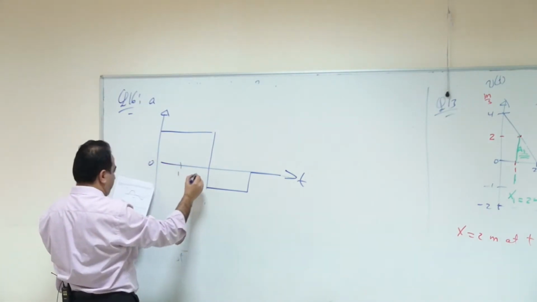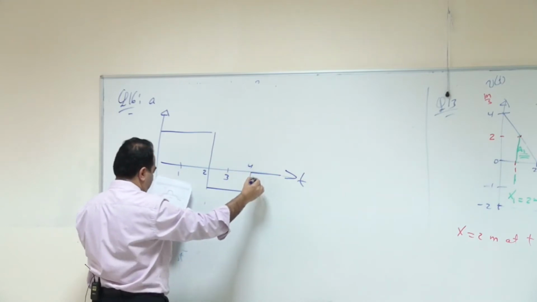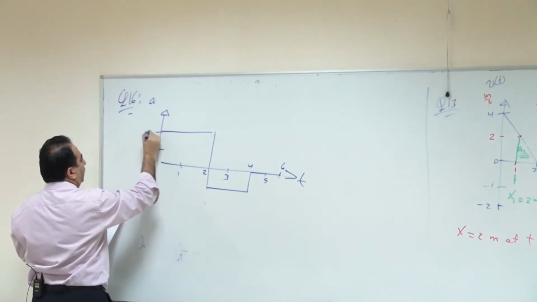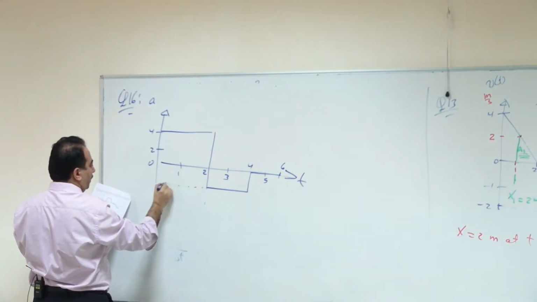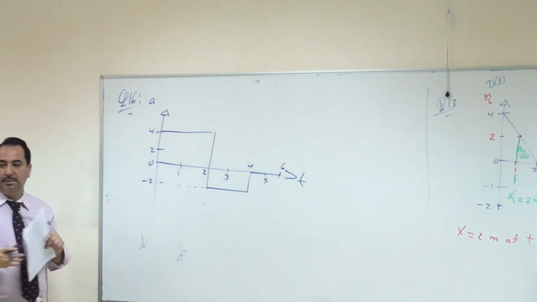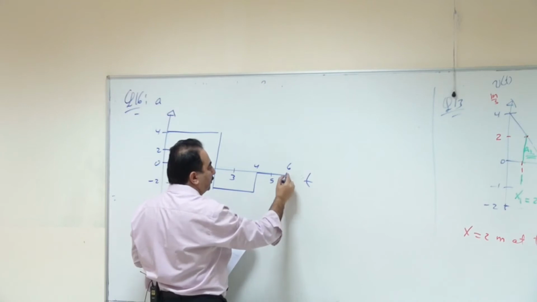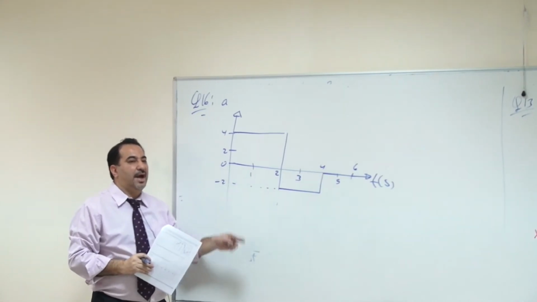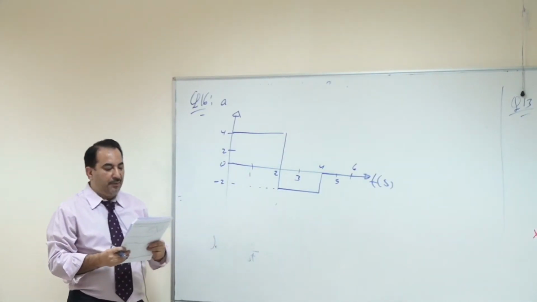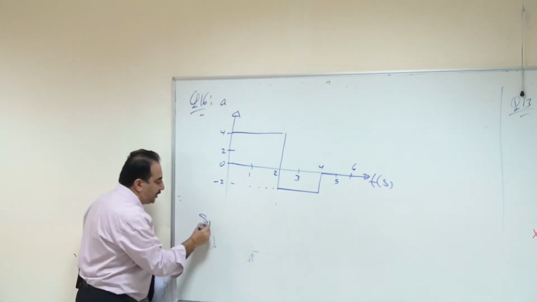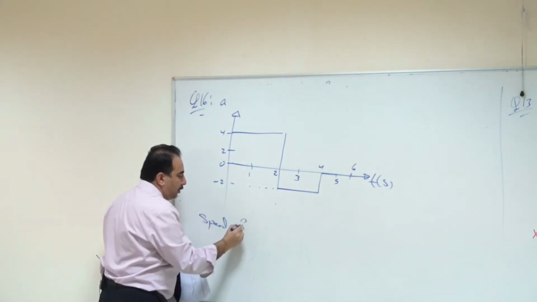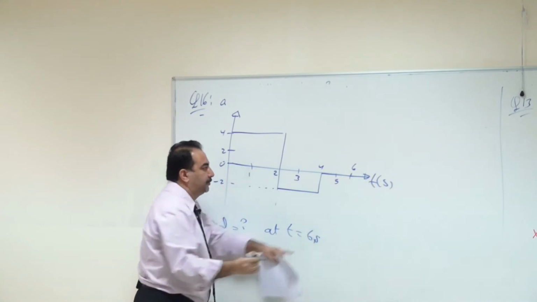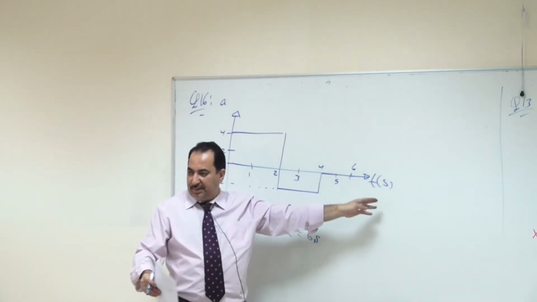The graph here is an acceleration time graph. And what's the question? What's the speed at t equal 6 seconds? When it says 6 seconds, it means here, yeah?